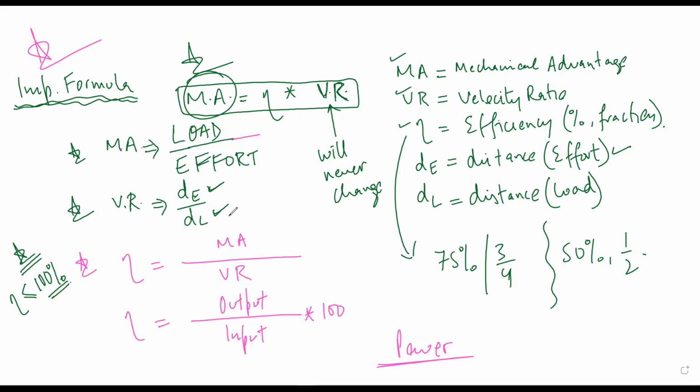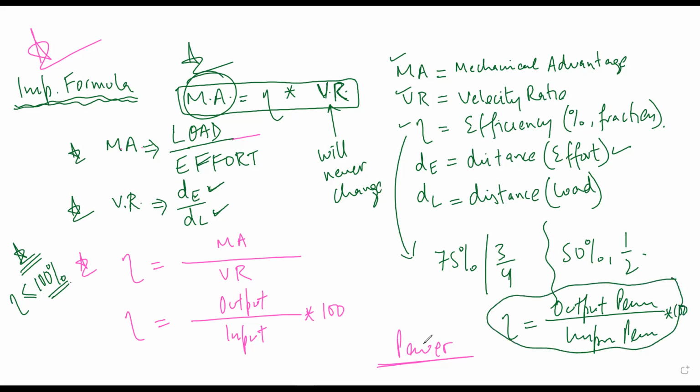And in the last numerical, we learned that this eta, output upon input, can also be used as output power upon input power into 100. Mr. CB, any doubt? And this was the power formula, the power numerical that I told you in the beginning of the lecture. Mr. CB, any doubt? No doubt. Great, sir.